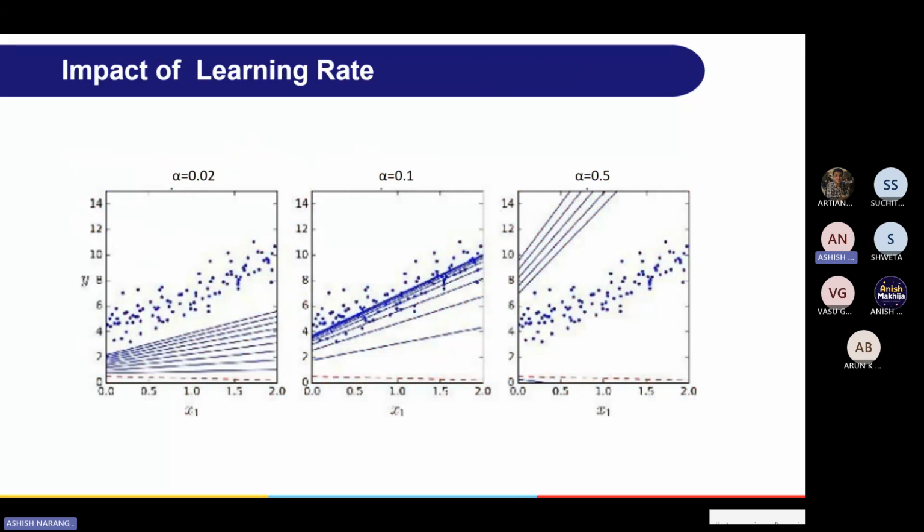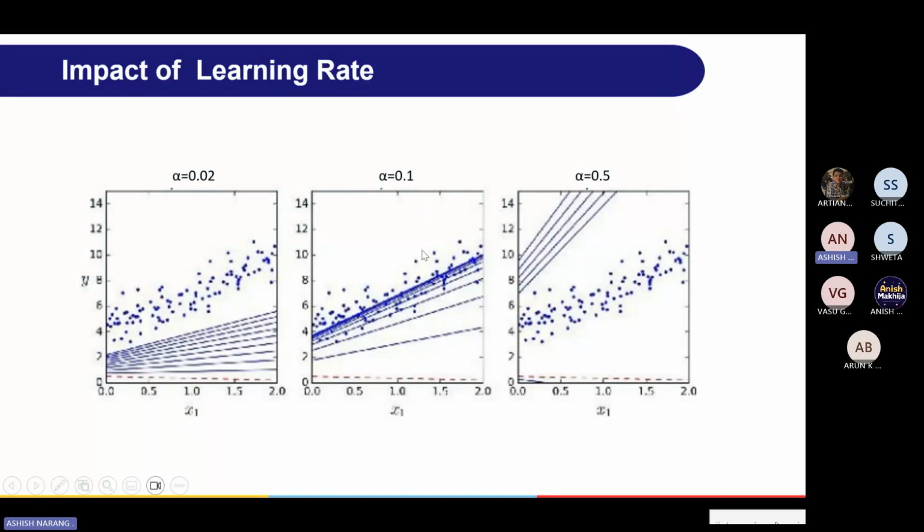Now there are questions on this part. What is happening is the impact of learning rate. If it is kept at 0.02, slowly it is coming to this point. You want to fit this, right? We have started with this line, any random theta 0, theta 1, and gradually it is coming closer to these set of points with this alpha.